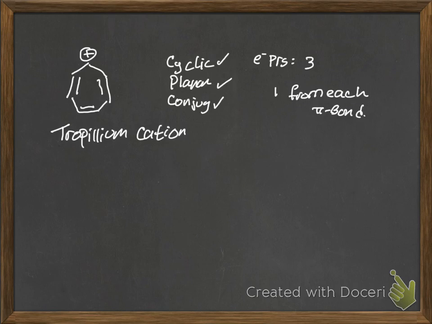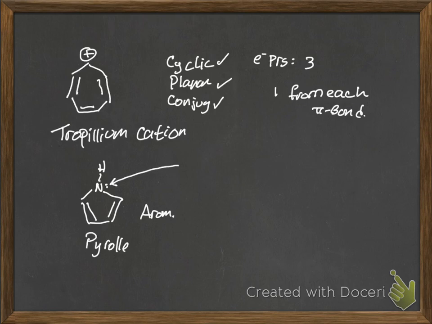Okay, now I'm going to show you a couple of weird ones. This is pyrrole. And believe it or not, it is aromatic. And the reason it is aromatic is that pair of electrons is part of the aromaticity.